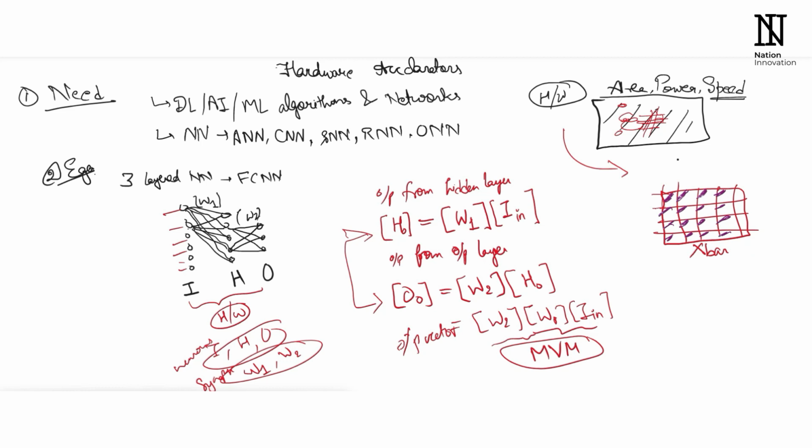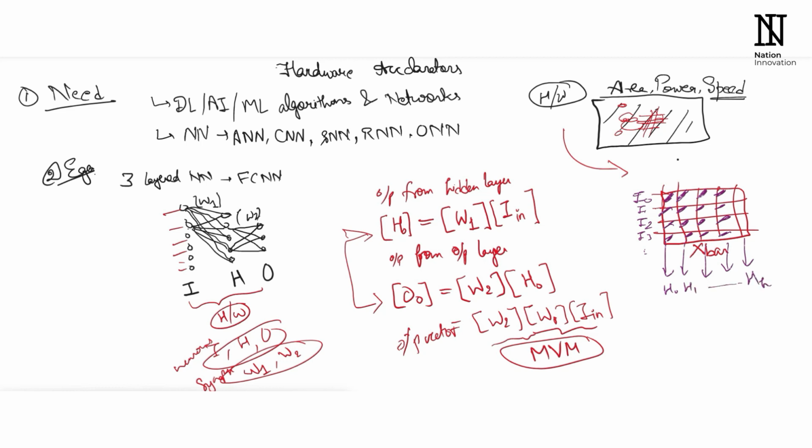And from here we have the input vector, let's say I0, I1, I2, I3, and here we will get the output H0, H1, H2.